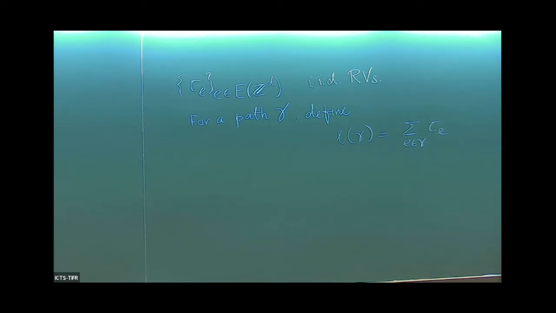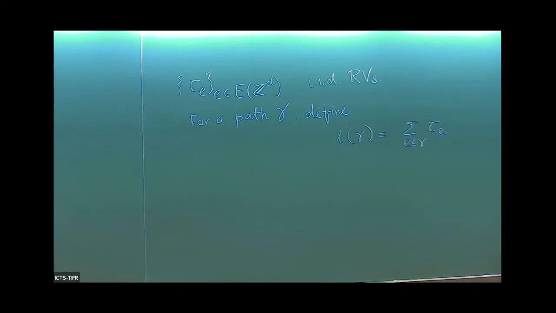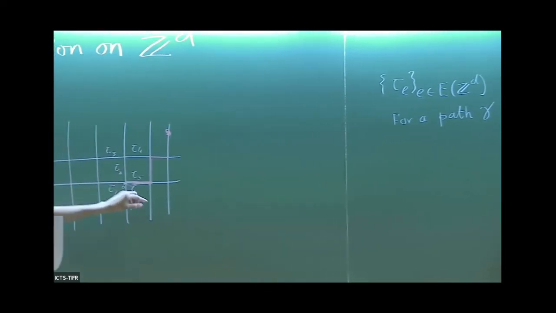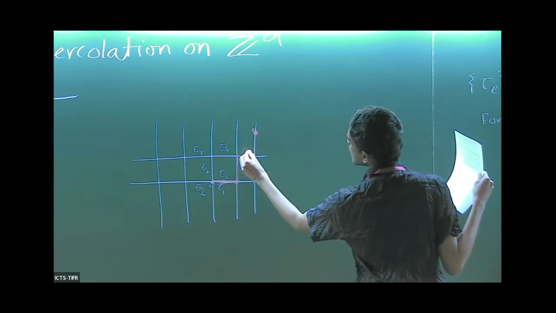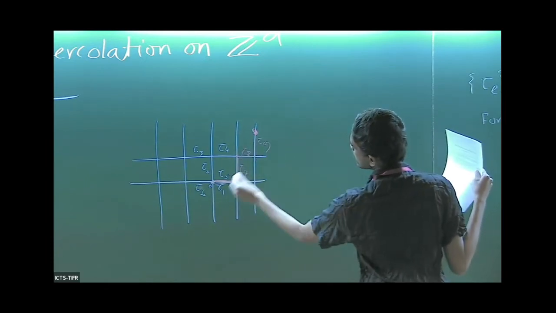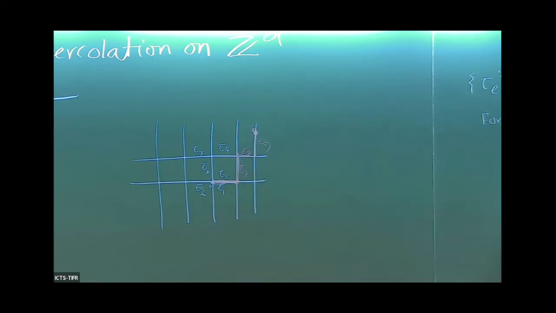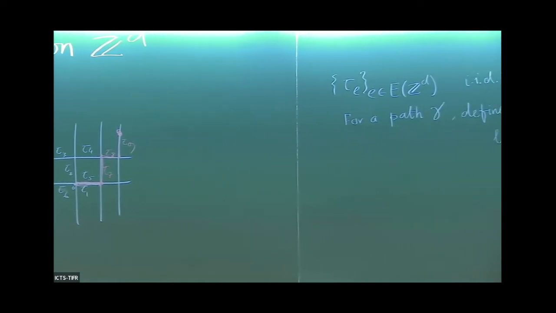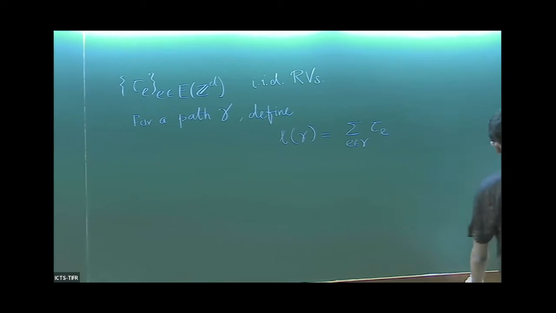So I have a path gamma. Let's say this is my path gamma. Then the passage time is simply tau1 plus tau7 plus tau8 plus tau9. So I simply sum the taus along the path, and I call this L(gamma), the passage time of gamma.